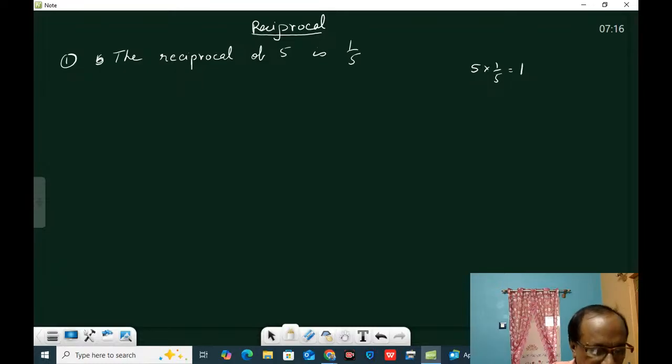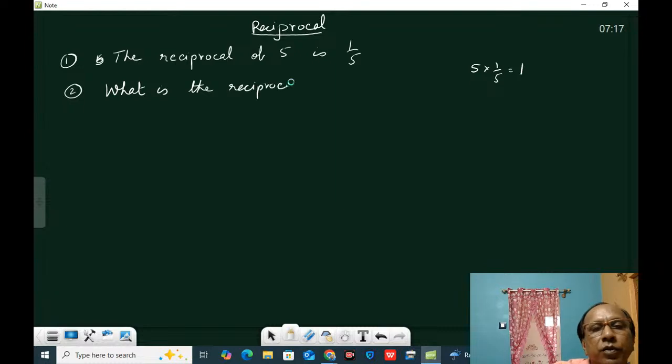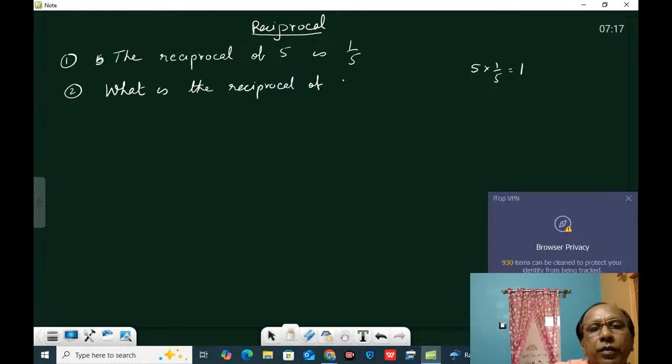The same way we can find all the reciprocal values. Suppose we want to find the reciprocal of 5 by 3.